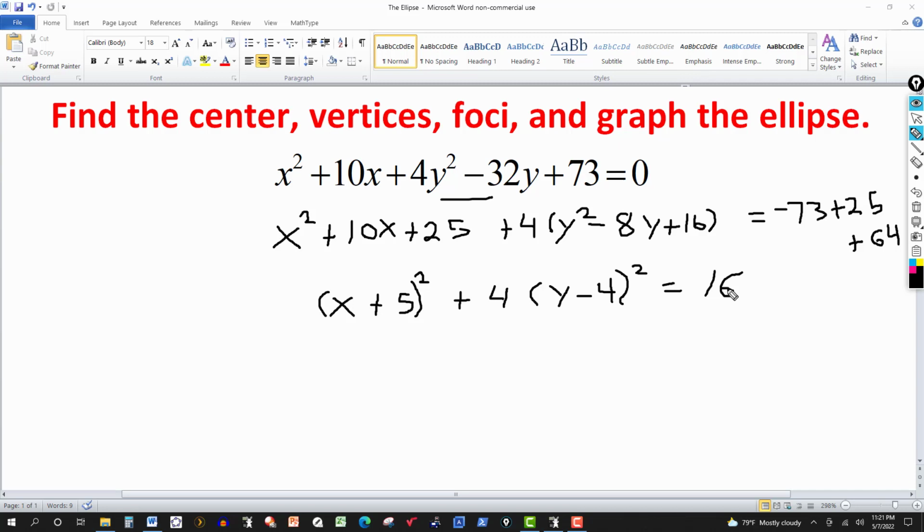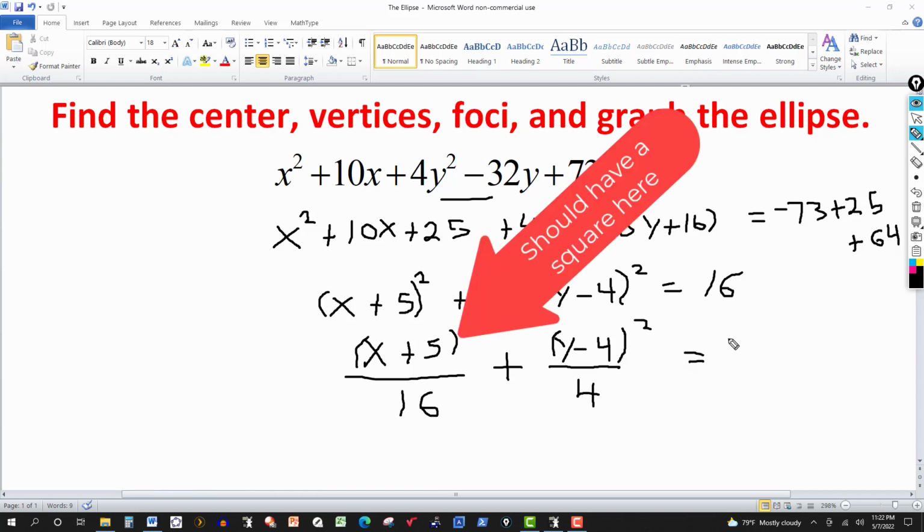So remember, when you're working with ellipses, you want the right side to be 1, so you can make it look like the standard form. So I divide everything by 16, so this will be 16 down here. Divide this by 16, 4 over 16 is 4, so this will be a 4 here. And then on top I'd have y minus 4 quantity squared is equal to 1. Now it looks like the standard form.